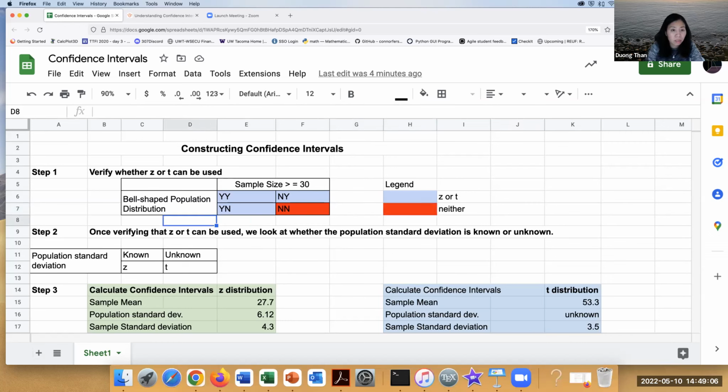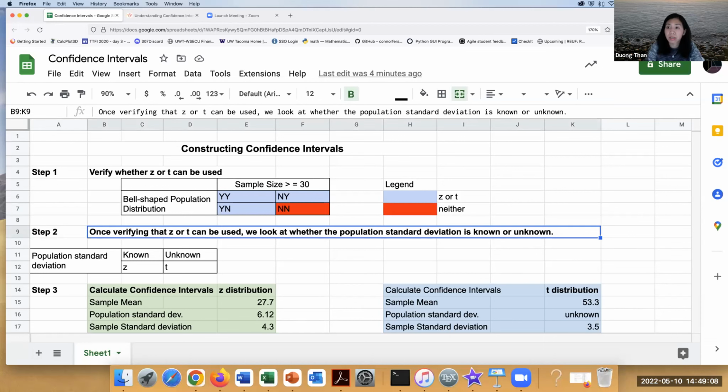All right. Step 2: once you verify whether Z or T can be used, you have to look at whether the population's standard deviation is known or unknown in order to decide which distribution to use.